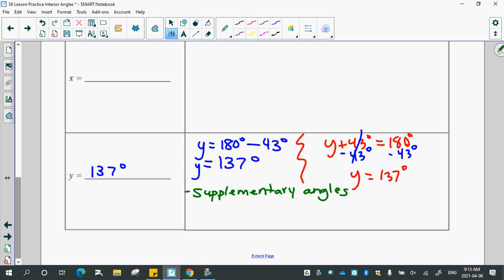And if you don't remember that, you can just say parts of a straight line add up to 180 degrees. So it's less writing if you can remember supplementary angles, but you can still just write out your thinking if you don't remember the name of the theory that you're using.